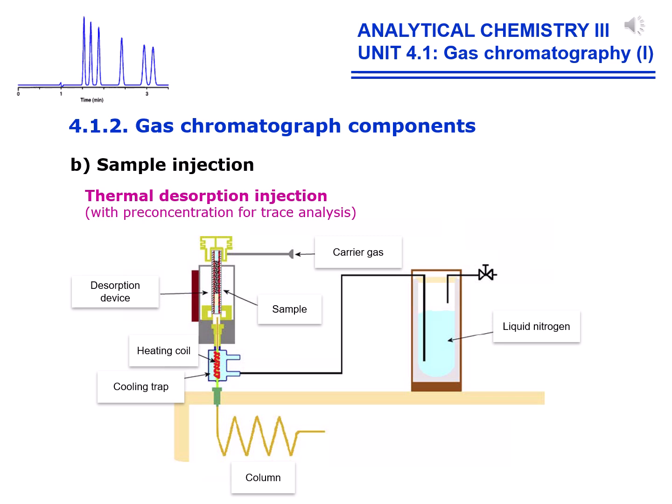As the components vaporize, they are retained in a cold trap, usually a cryogenic trap supported with liquid nitrogen, until completion of the desorption process. At this point, injection is carried out by very rapid heating of the cold trap, and the vapors generated are directly transported to the head of the column. This kind of injection is generally employed when a preconcentration factor is advisable for detection of small analyte concentrations.